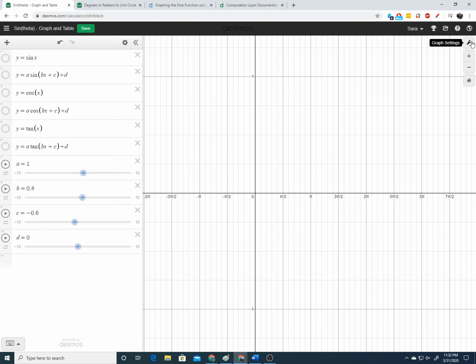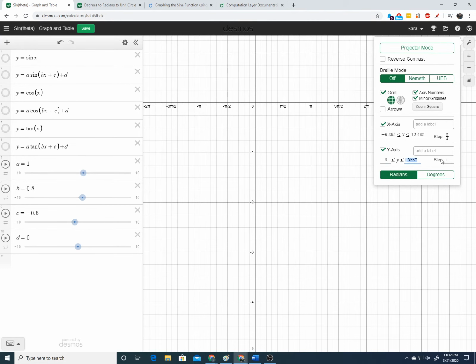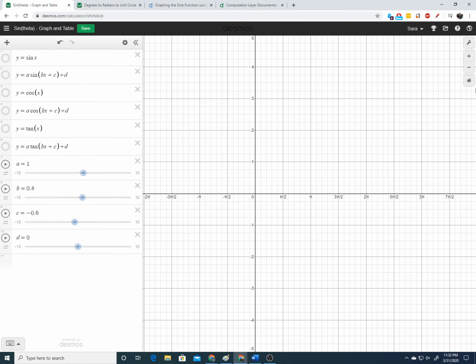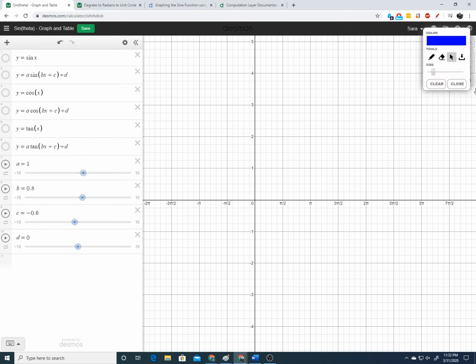And I'm just going to make these up. I am going to expand this out just a little bit, because I'm probably going to use some horizontal stretches and shifts.